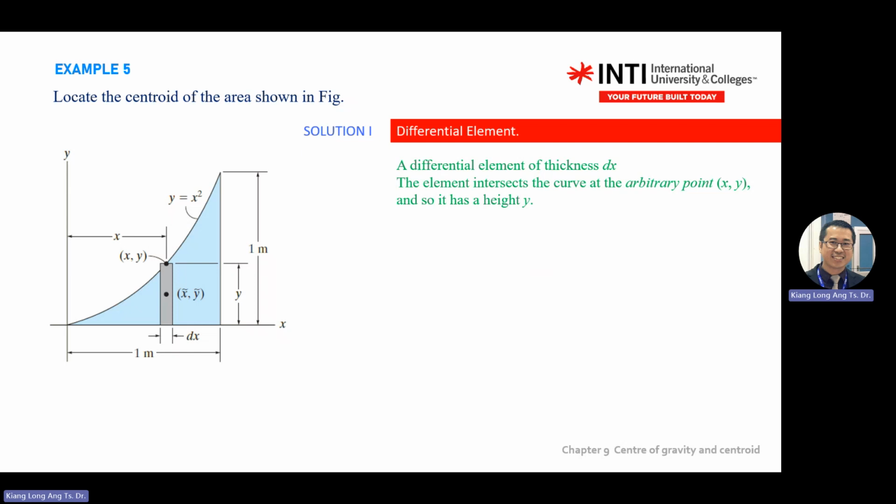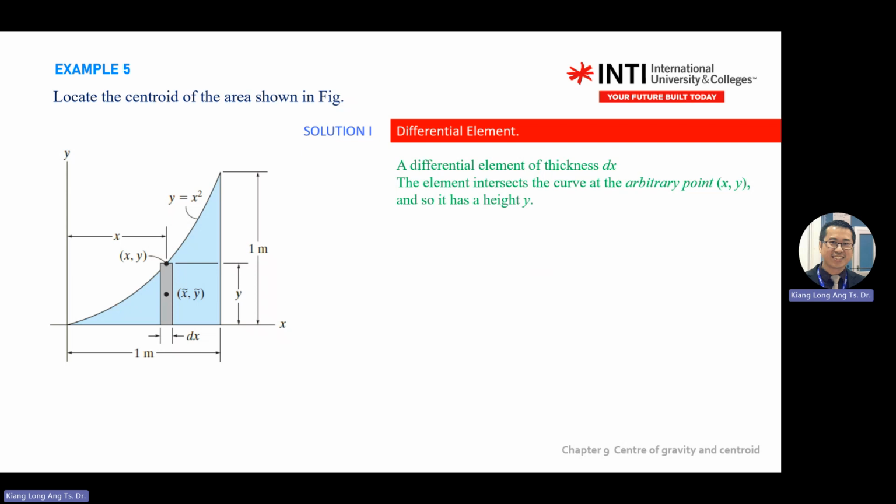Okay, differential element. Tell me where the intersection point of the equation with the small element is. It is at this point. Then where are your x curly, y curly? Then dx. So a small element, a differential element, at a point (x, y). So at this point, and it has the height of y for this element.